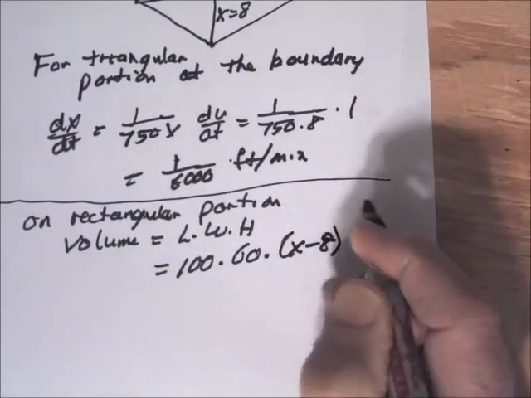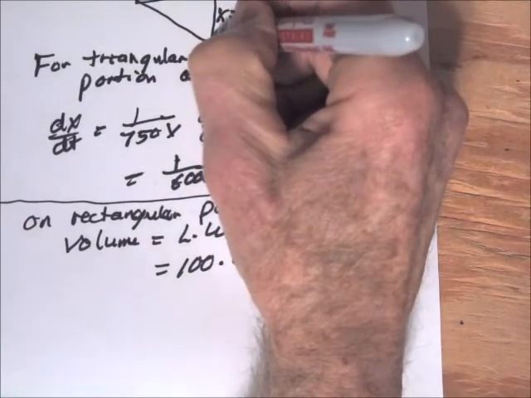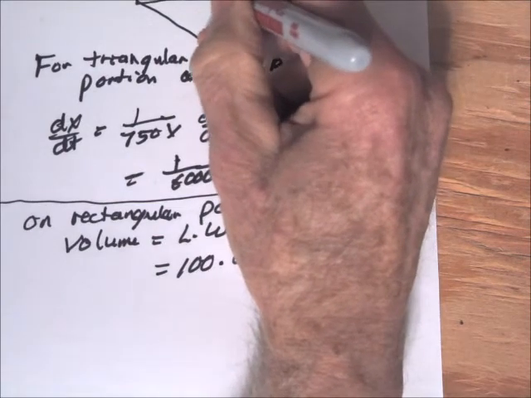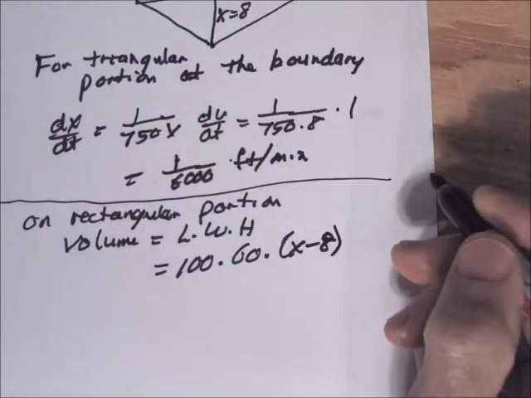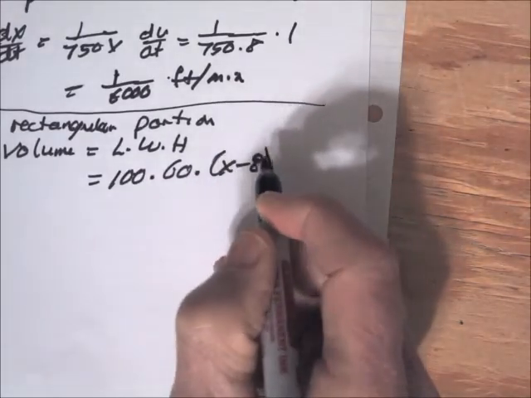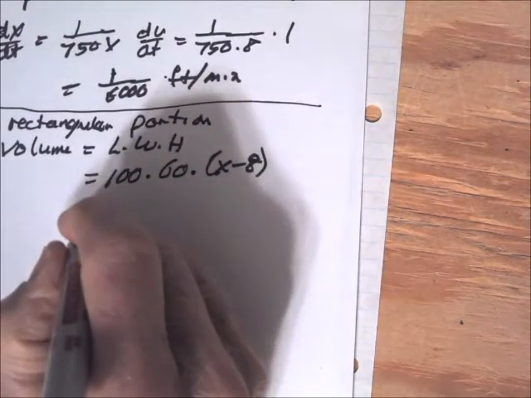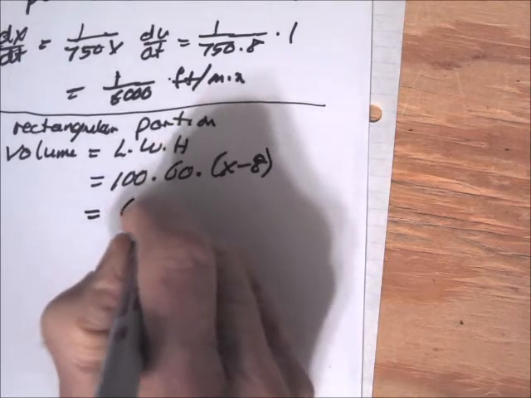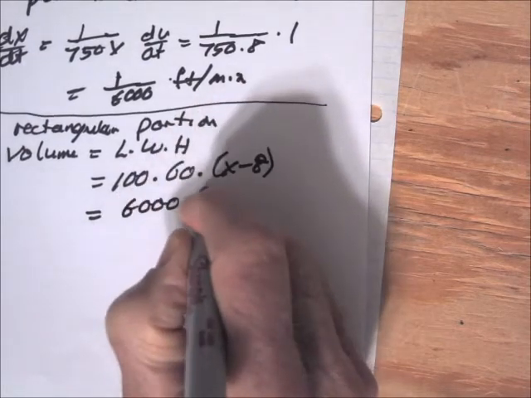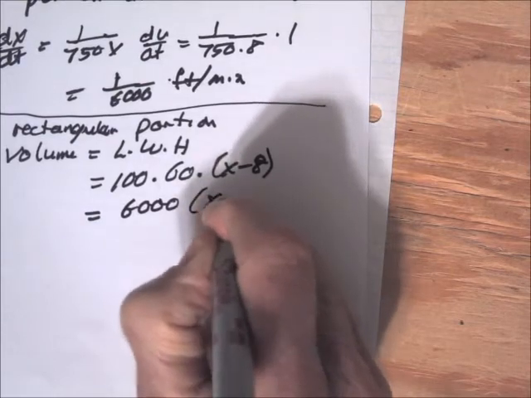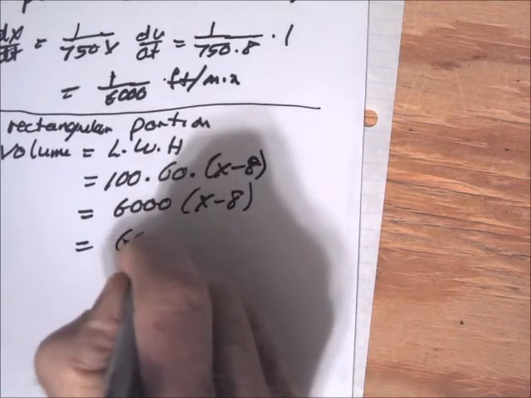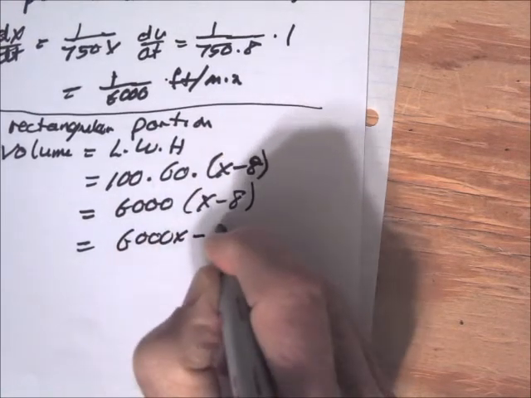If we consider x to be the depth from the bottom of the pool, then the depth on just this portion of the pool is going to be x minus 8. So this is 6 times 1 is 6, and you have 3 zeros, 6,000 times x minus 8, or 6,000 x minus 48,000.